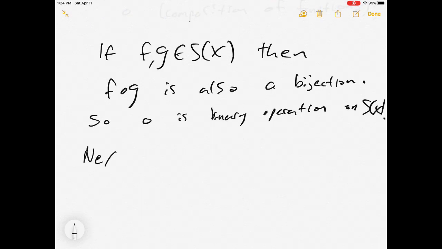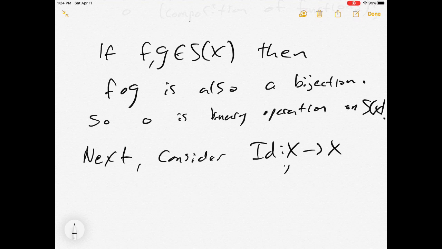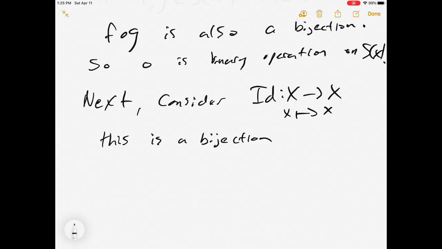Next, consider this function which takes elements of X to themselves. This is a bijection, and it serves as an identity element.